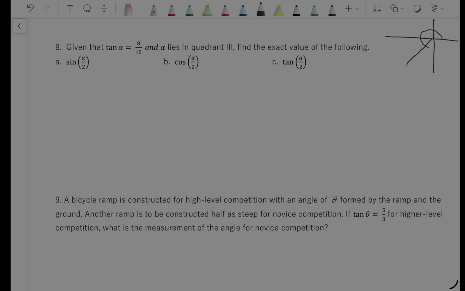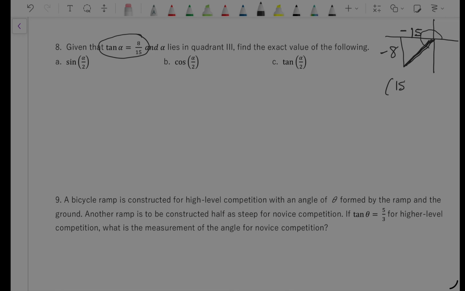Opposite is 8, but it's going down, so that should be negative. And the adjacent is 15, but that's left, so that should be negative, which makes sense that the tangent will then be positive, right? Because they're both negative.